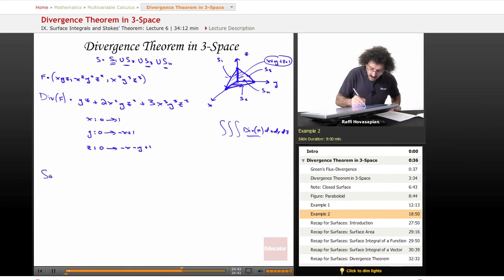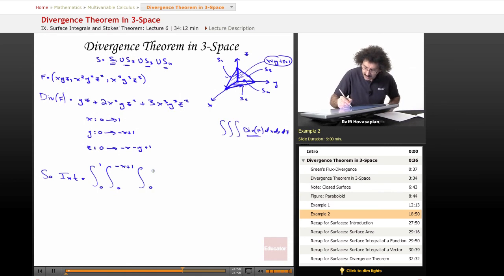So, our flux, our integral, is equal to 0 to 1, 0 to minus x plus 1. We'll do y next. 0 to minus x minus y plus 1. And we have our divergence, which is this thing right here.